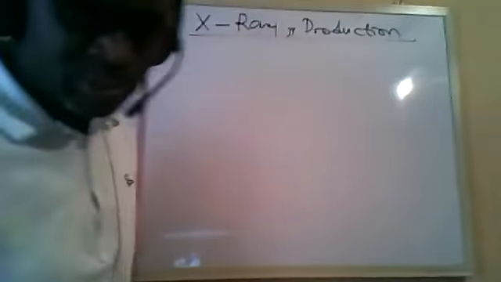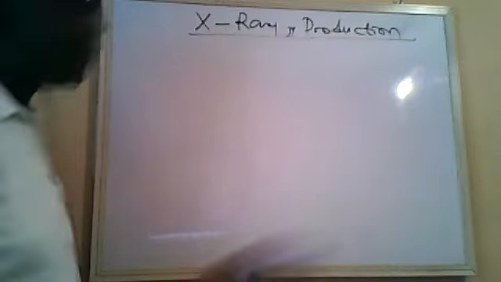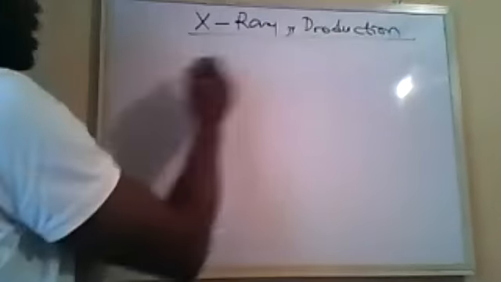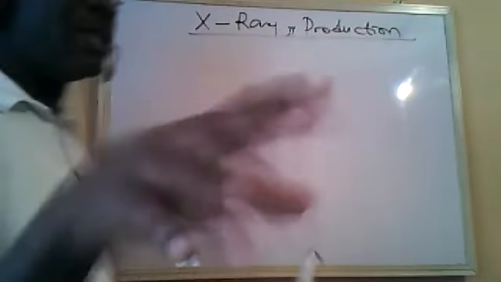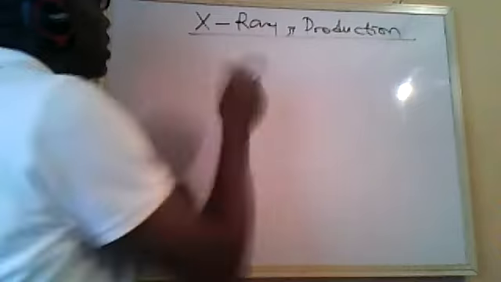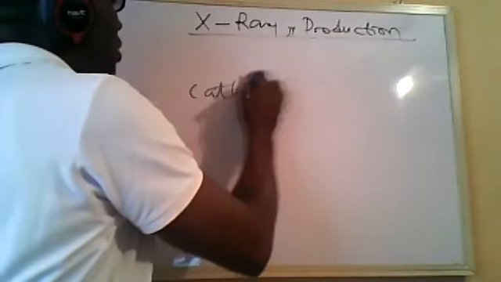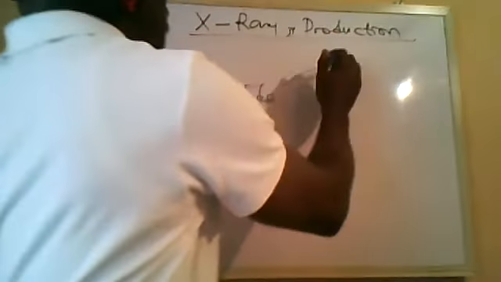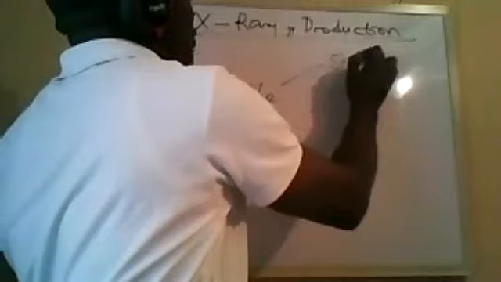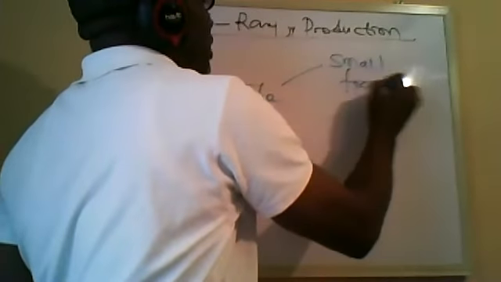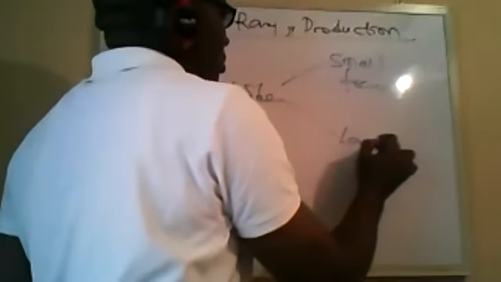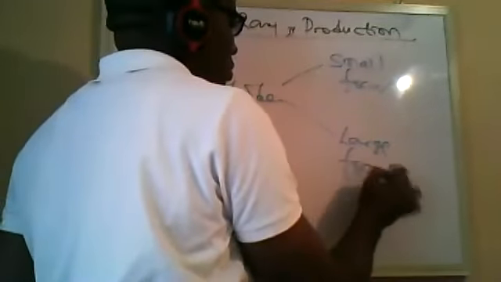I have told you we have two types of cathode, anode. Of course, for the cathode, which is actually the filament, we have the small focus, and the large focus.